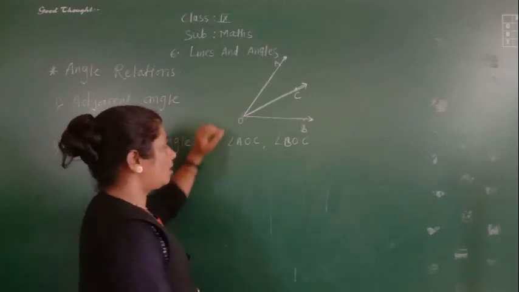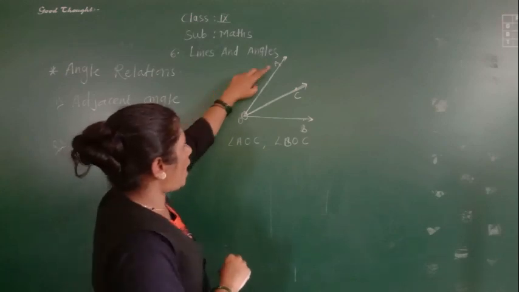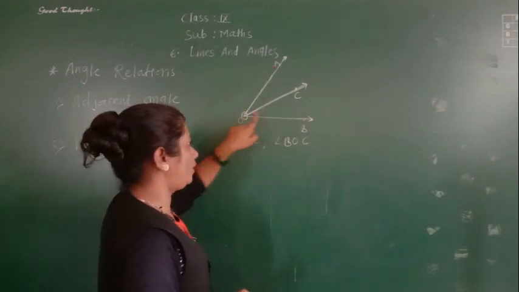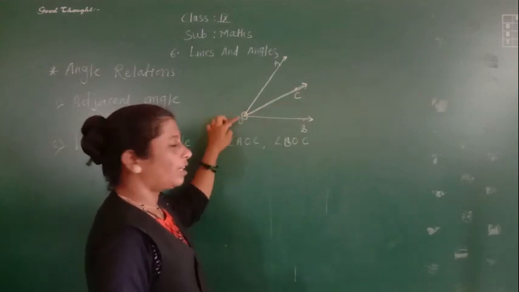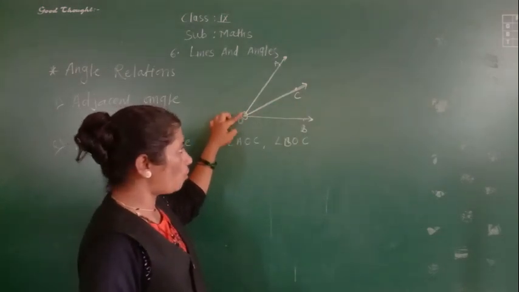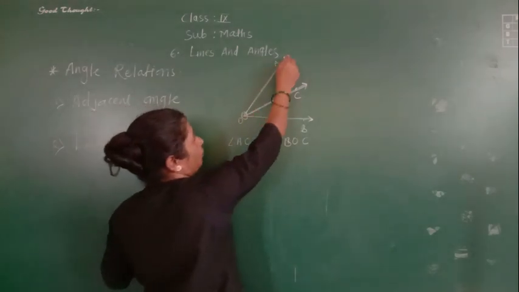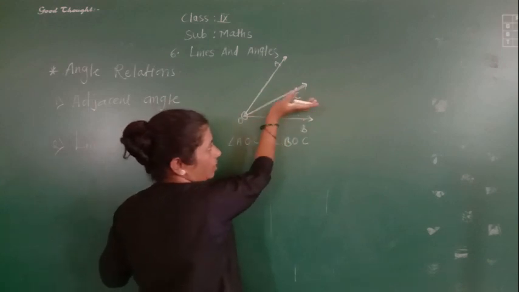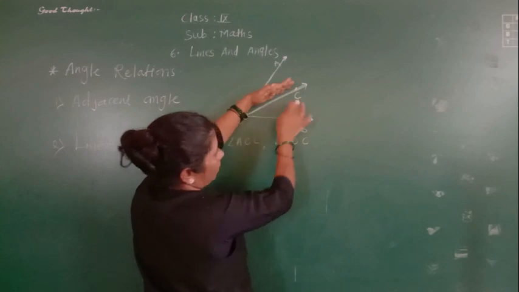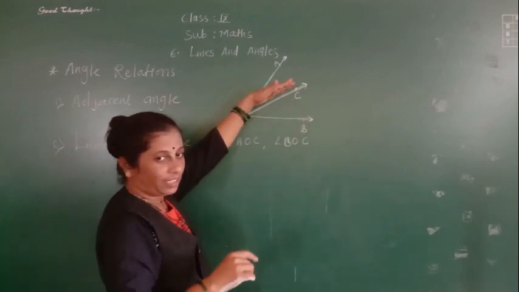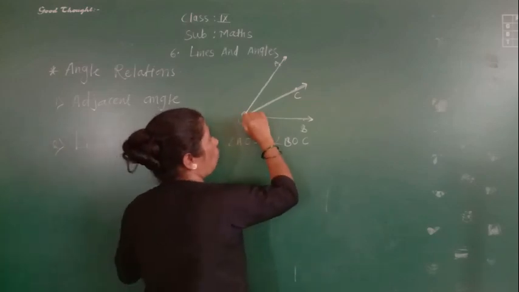Why? See here O is the common vertex for them. Angle AOC has the vertex O, and angle BOC has vertex O. Means vertex O is common for both the angles, right? Then AOC is a separate angle, and BOC is another separate angle, right? Then which arm is common?